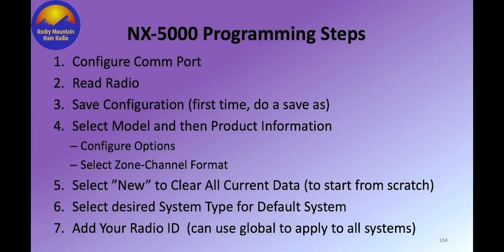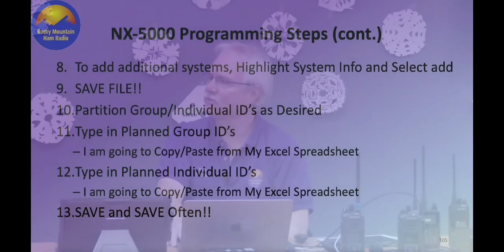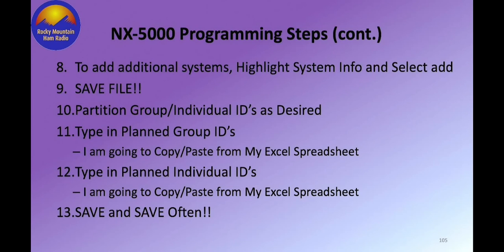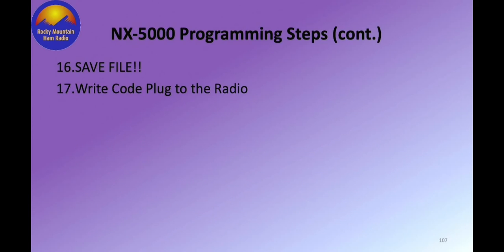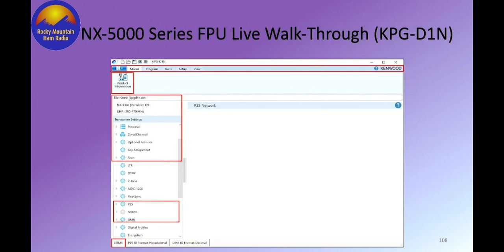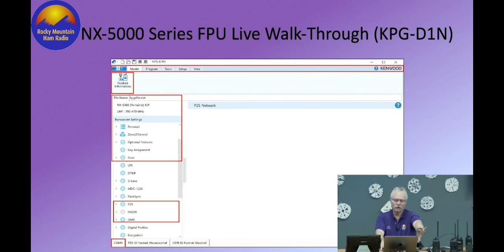You can walk through the individual steps on how to do it, rather than me, to save some time so we can get to the lab of going through one at a time. There are 13 steps that I put together for the 5000 in channel mode, and for the NX3000 it was like 25 steps, but it had a lot of saves along the way. I guess there's 17.